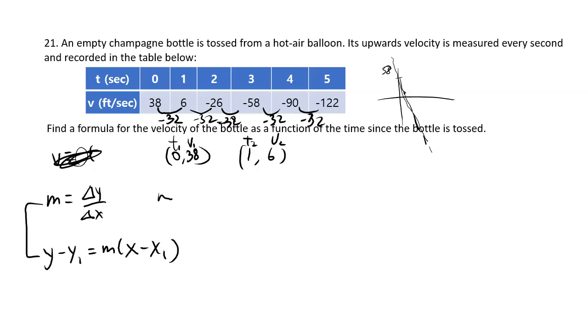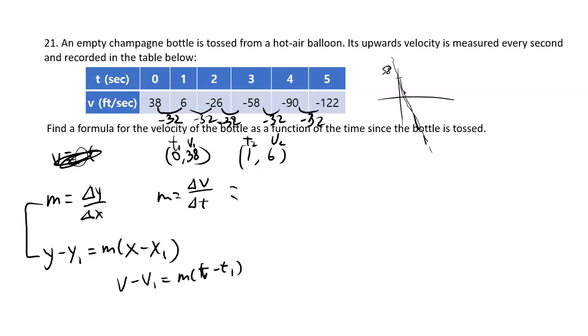So our slope will be change of v over change of t, and this formula will be v minus v1 equals m times t minus t1. Or another way to do this would be to write this as x1, y1, x2, y2, make y a function of x, and then after you do everything, replace y by v and x by t. That will be another way to do it.